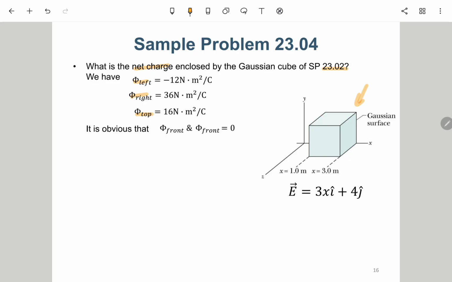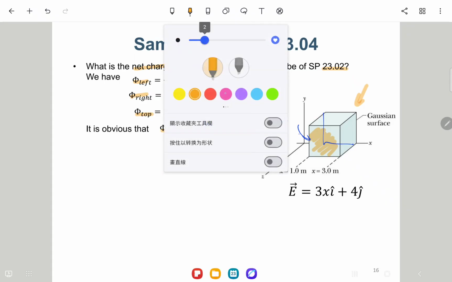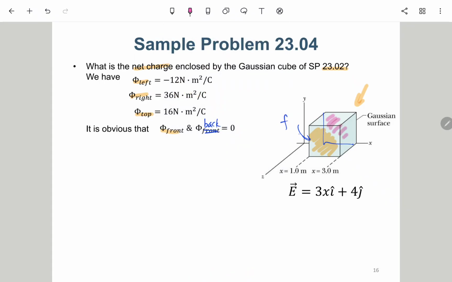It is obvious that phi front and phi back are 0. Front means this one, and the back is that one.